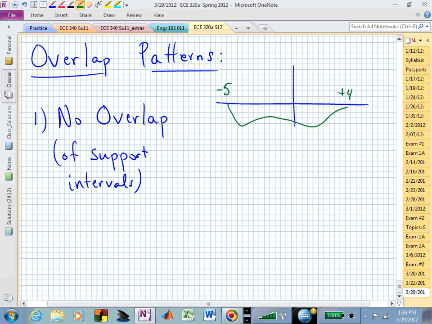That's its support interval. Some people think, oh, well, the two waveforms have to overlap. No, the overlap concerns where they are non-zero. It doesn't matter if they are actually on top of each other when you sketch them. Is that making any sense? So if I had waveforms like this, these two waveforms have an overlap region between +1 and +4.